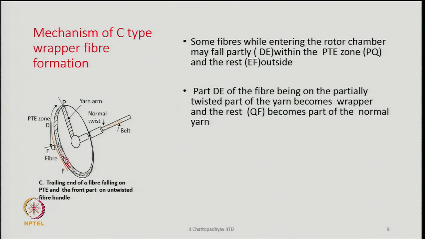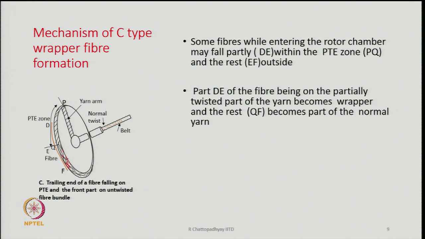Now, what is going to be the fate of this fiber? Part of it is in the rotor groove where fibers are untwisted. So, this part is going to form the core part of the yarn. The rest of the fiber, that is the D part, will be partially wrapped on the yarn core, and it will form sheath fibers.